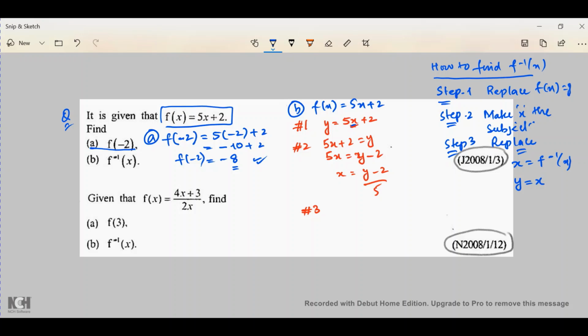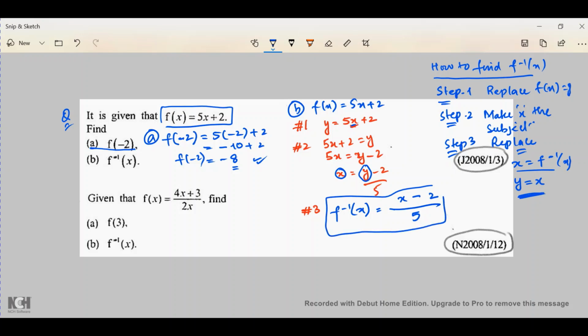So first I make this x into f inverse x, 5 is here, 2 is here, and this y will become x. Now this is called the inverse function. Just remember there are 3 steps: step number 1, step number 2 and step number 3. We have done this question with an example.